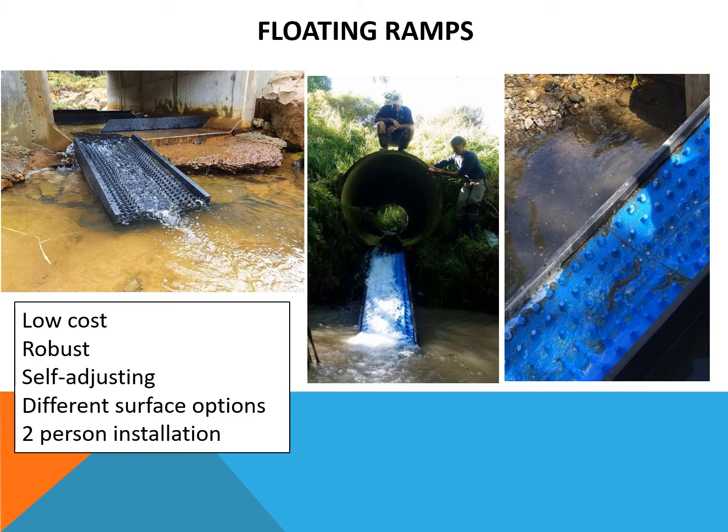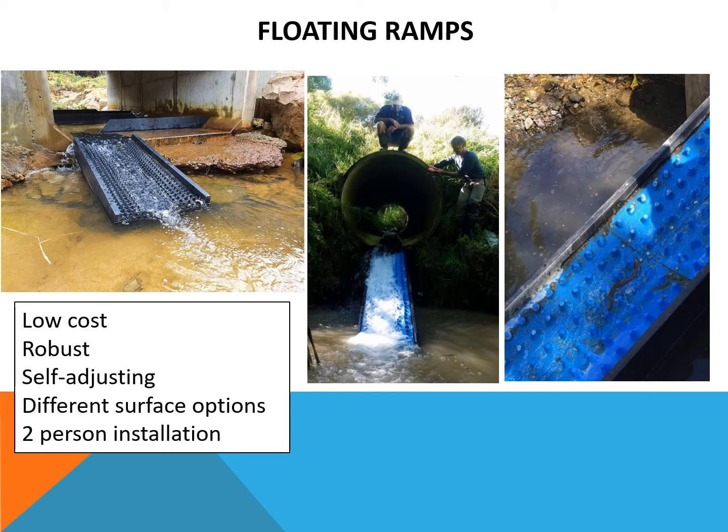So the floating ramps, as I alluded to just before, are a roto-molded plastic ramp with or without a tactile surface. We can use ropes instead of that dimpled sheeting, and there's pros and cons in both. Typically, two people can install those in under half an hour, and they can be used in conjunction with baffles.